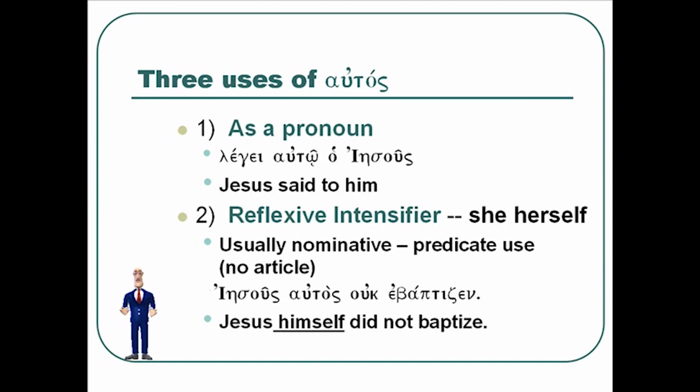Here's an example: Iēsous autos ouk ebaptizen. It means Jesus himself did not baptize. So you see autos following Iēsous in the nominative case, being used as a reflexive intensifier.